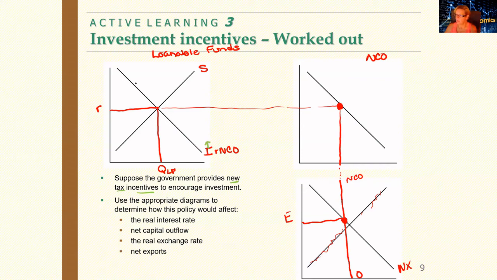When we do that, we're going to shift this curve outward and to the right. Okay, and this will be I1 plus NCO. Where these two crisscross is going to be our real interest rate.